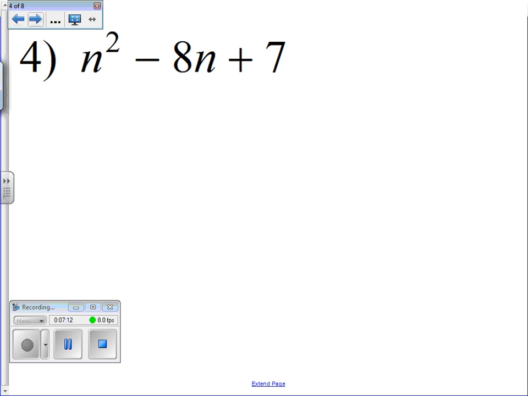Okay, finally, a number different from 20. What are the factors of 7? Oh, sorry. We're going to do product sum again because my coefficient of n squared is 1. This is in standard form.